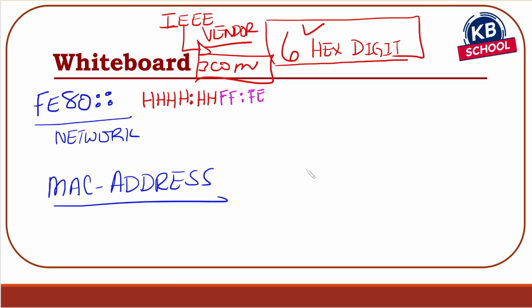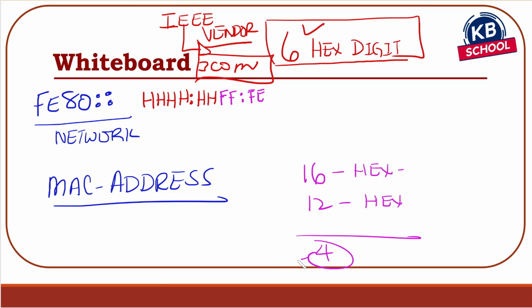That's the filler. If you remember, the total number of host portion hex digits that I needed was 16. The MAC address was only giving me 12, out of which 6 I've used up over here. I'm missing 4, and this is the missing 4. So this is your filler in the middle of the host portion.